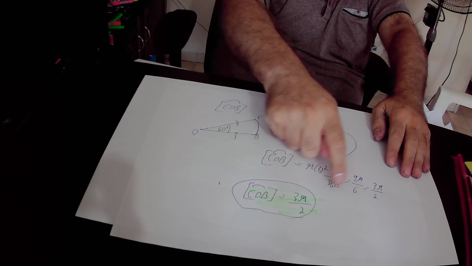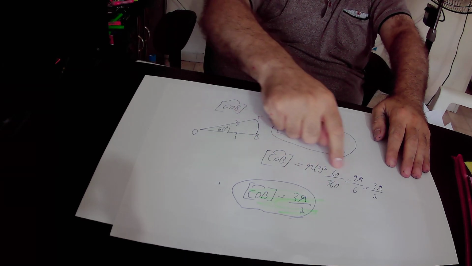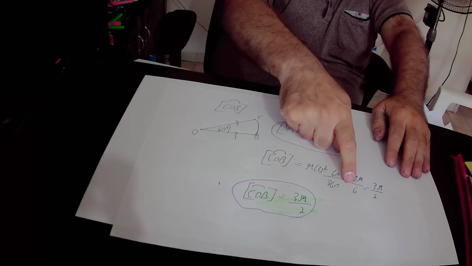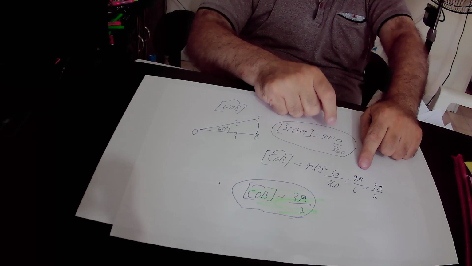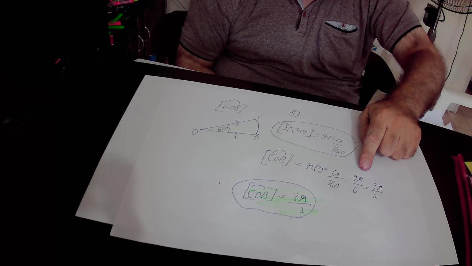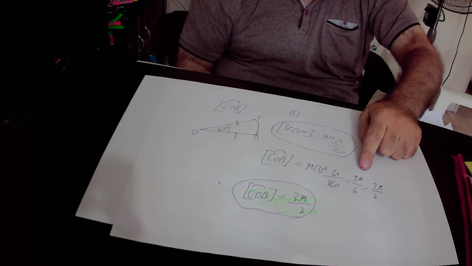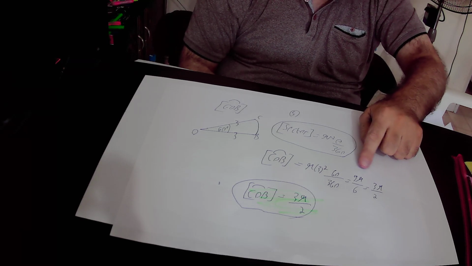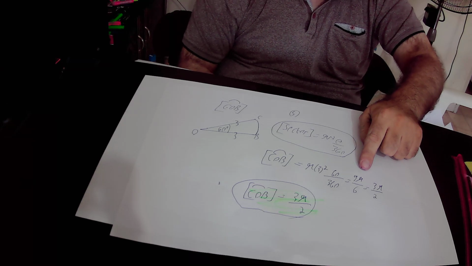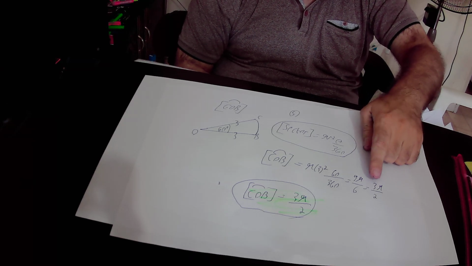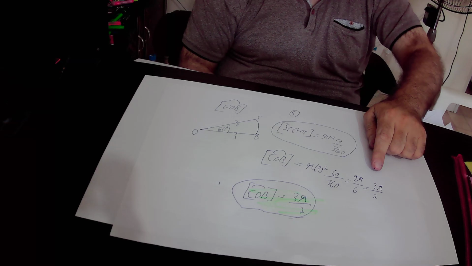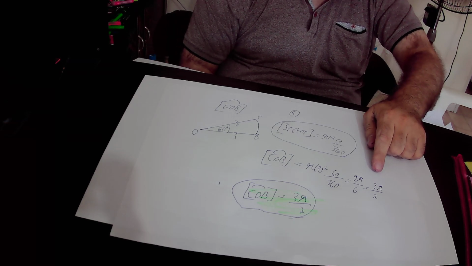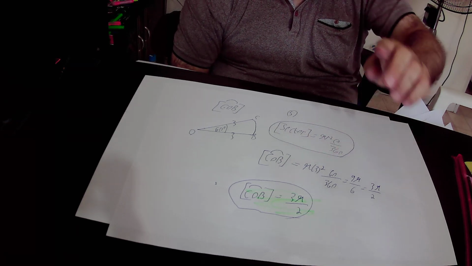So in total, this expression equals 9 pi over 6. We divided both the numerator and the denominator by 3. 9 over 3 is 3, so in the numerator we have 3 pi. 6 over 3 is 2. So the area of sector COB equals 3 pi over 2 square units.